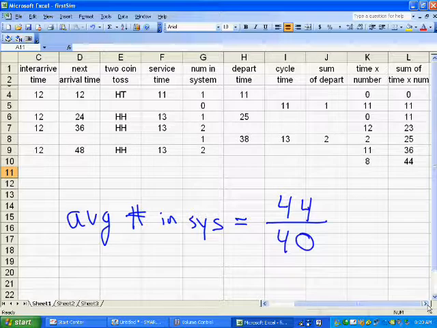So that's a time averaged value. It seems pretty clear now, but my experience is halfway through the semester you're going to be confused about the difference between time-weighted averages and sample-based averages. So keep this example in mind.